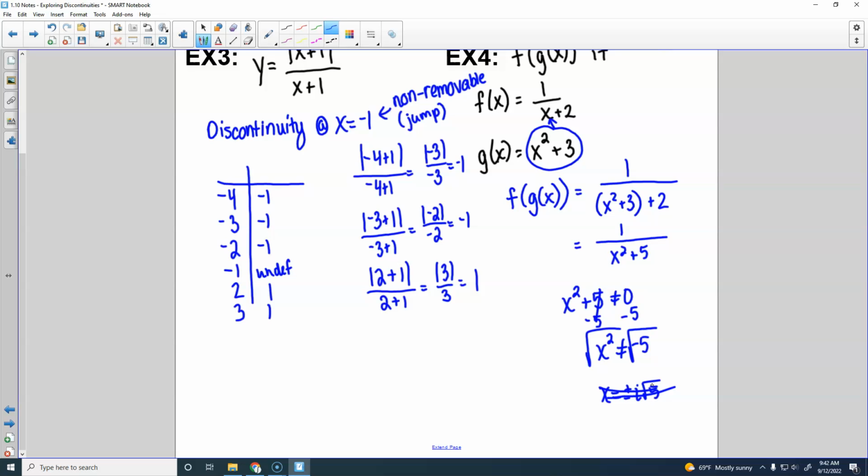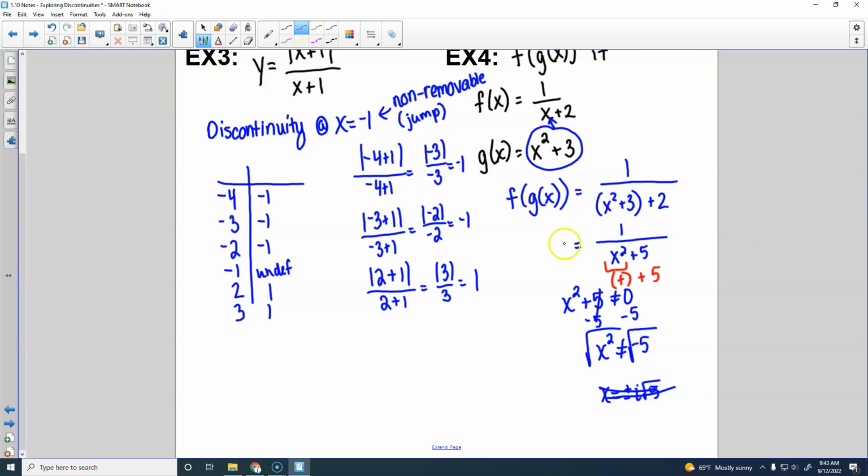Is there any number I could plug into that denominator that would give me 0? Okay, what do we know about x squared when we plug in anything? It's positive. And then we're adding 5 to it, right? So whatever's in that denominator has to be positive. Because when we square whatever number we plug in, it becomes positive. And then we're adding 5 to it, which just makes it a little bit greater, but still positive, right?